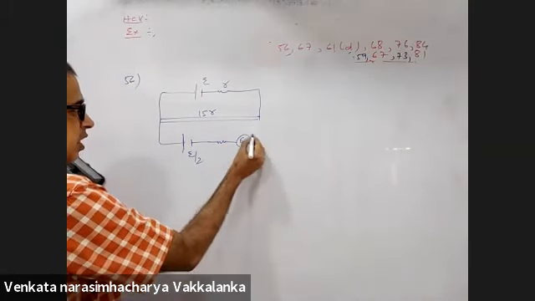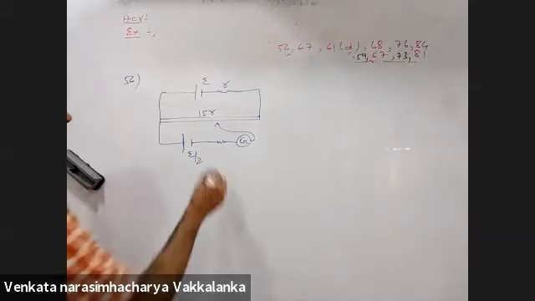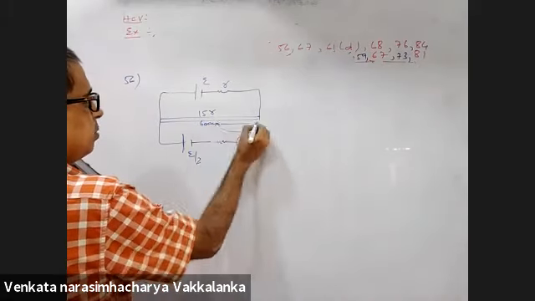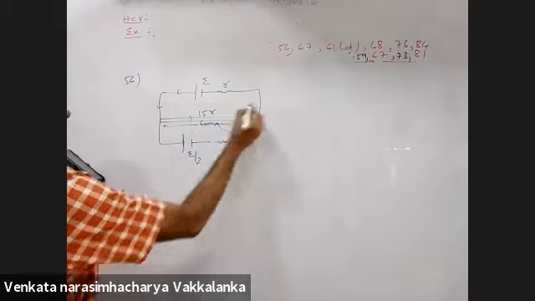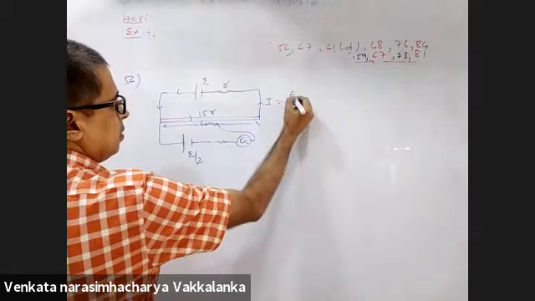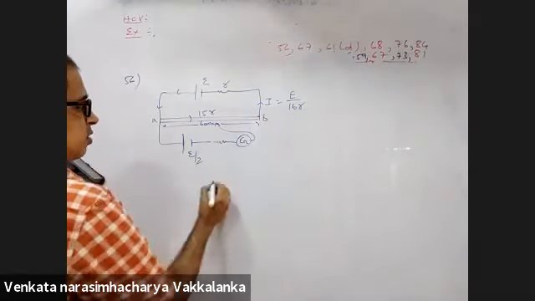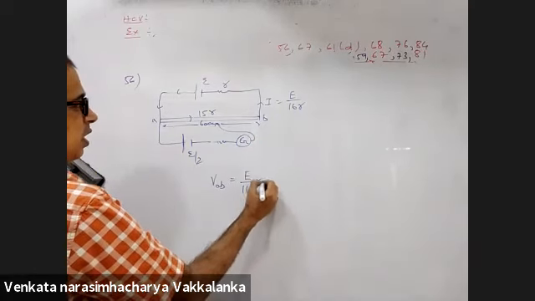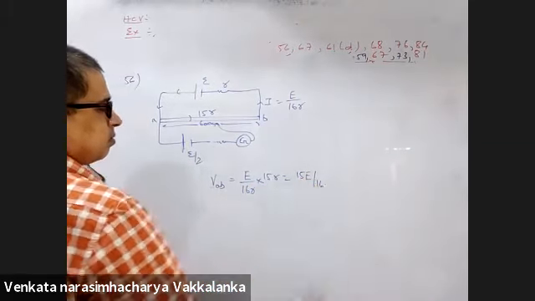This resistance initially doesn't matter. I should find the null deflection point. Am I right? This length is 600 centimeters. What will be the current in this particular wire? This will be E divided by 16R. What will be the potential difference across AB? E divided by 16R into 15R, which is 15E by 16.